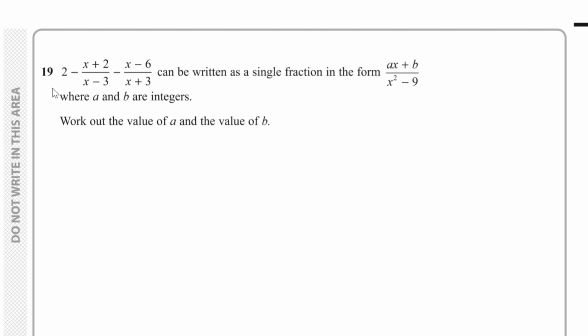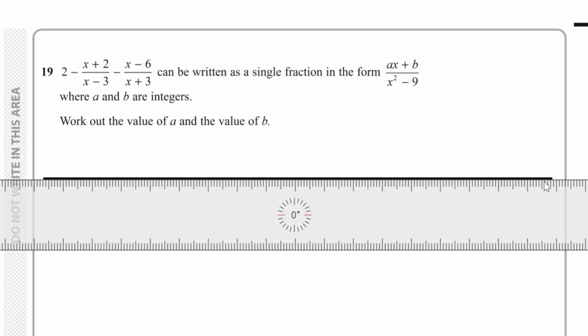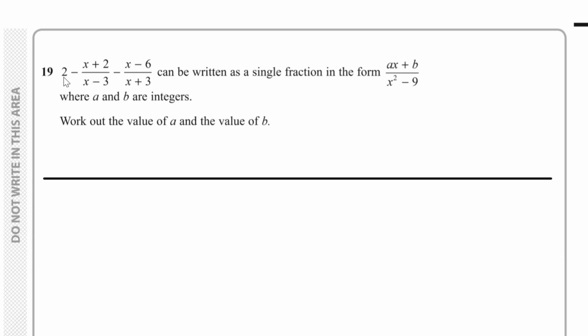And I think the common denominator here will be x minus 3 lots of x plus 3. So, let's just draw a line like so. We have x minus 3 lots of x plus 3 being our common denominator. So for each term, let's just write the common denominator, x minus 3 and x plus 3.